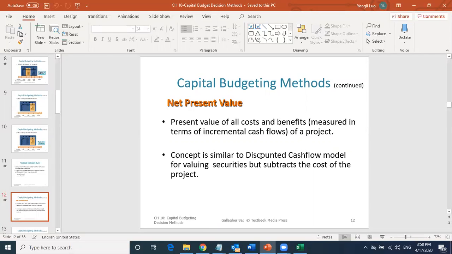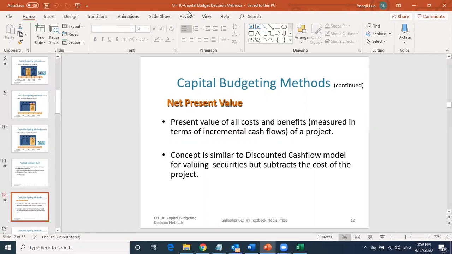Another thing is that you get that $10,000 back 2 or 3 years later, 3 or 4 years later. So that $10,000 is worth less than the $10,000 you invest today. That's what we talked about before, the time value of money.